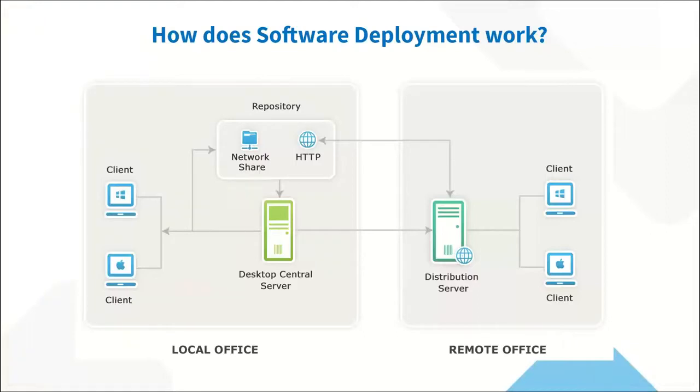Your HTTP repository can be accessed by both your LAN and WAN agents. So in case you have multiple remote offices across the globe, to deploy your applications, you will have to store the template and the packages in your HTTP repository.